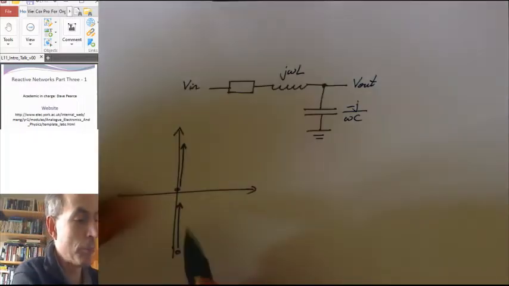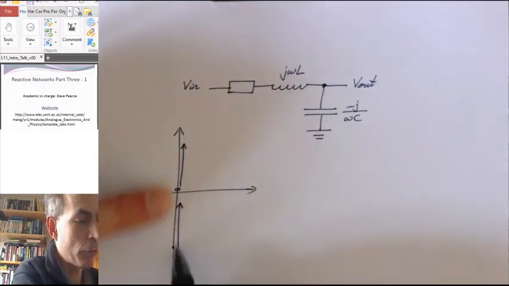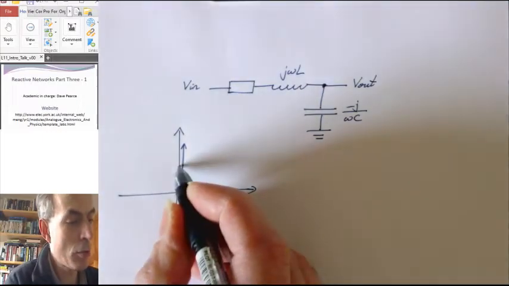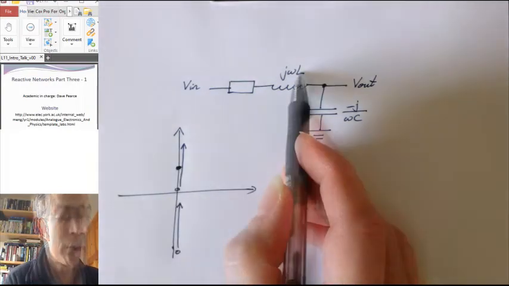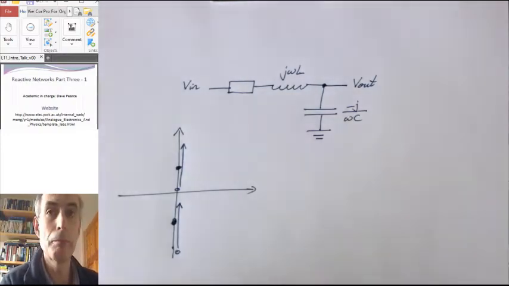Now, as this moves up and this moves up as well, there will be one frequency at which the magnitude of the impedance of the inductance and the magnitude of the impedance of the capacitance are equal.